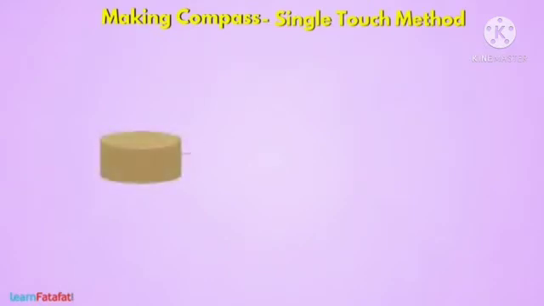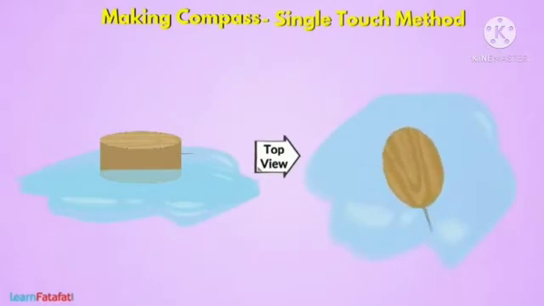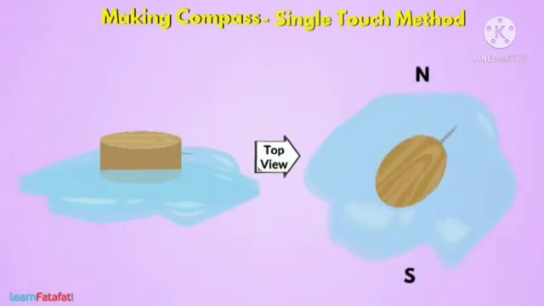And children, now we can make our own compass. For that, take an iron pin and magnetize it. Then insert it in a piece of cork. Let the cork float in water in a bowl or a tub.